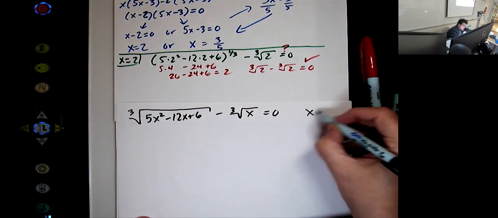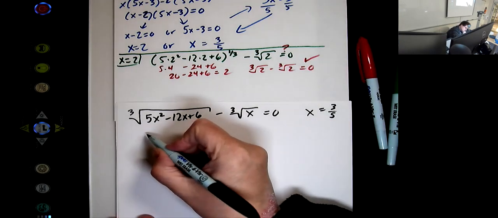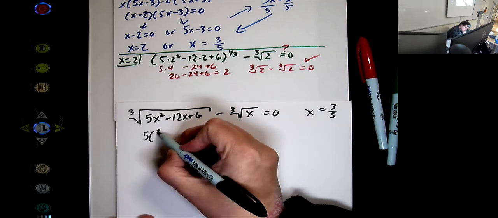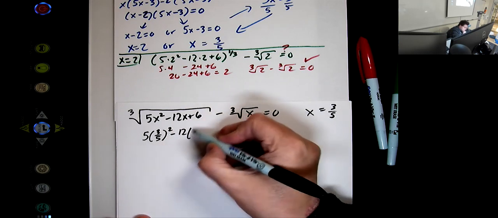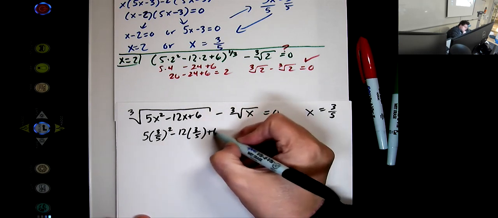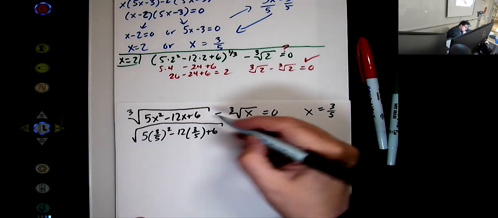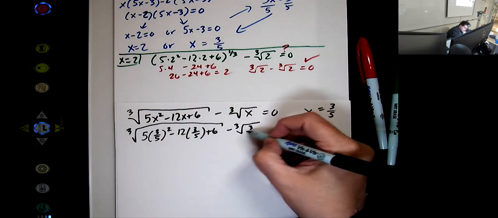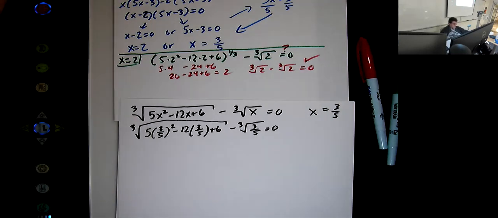We're checking 3/5. Okay, that's what we're checking.